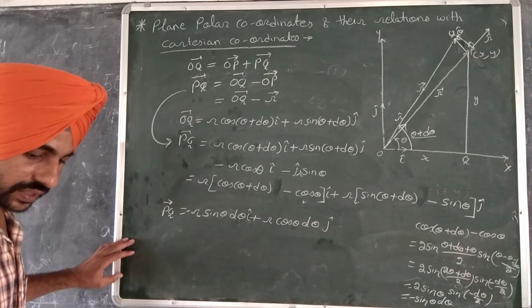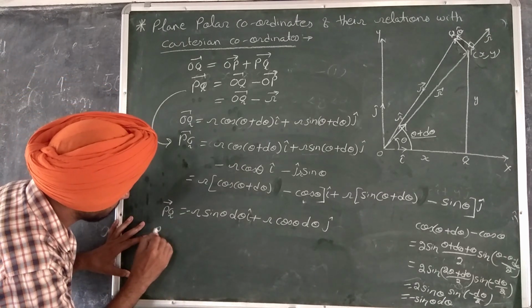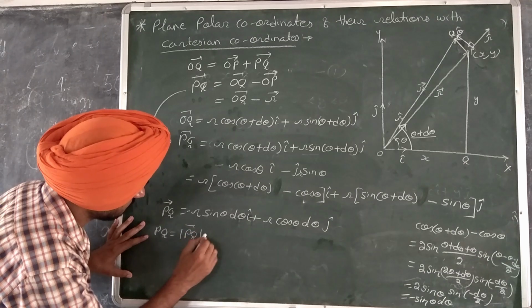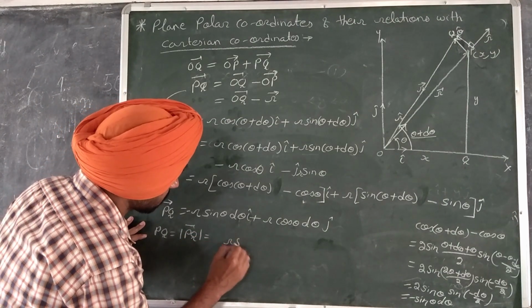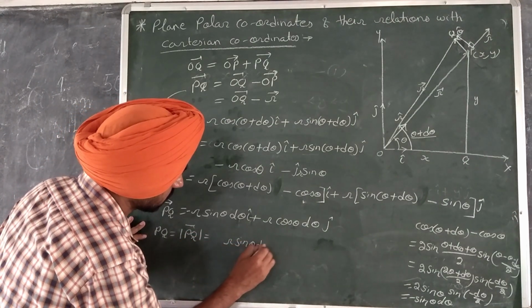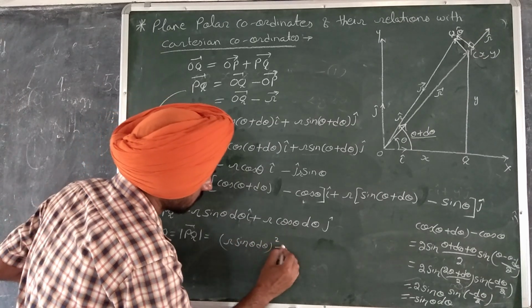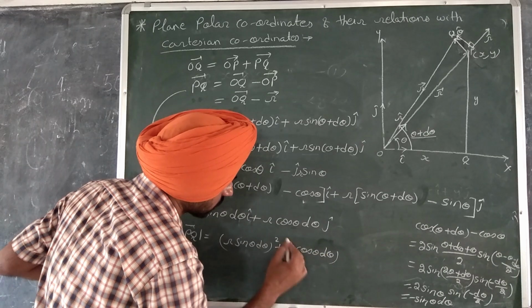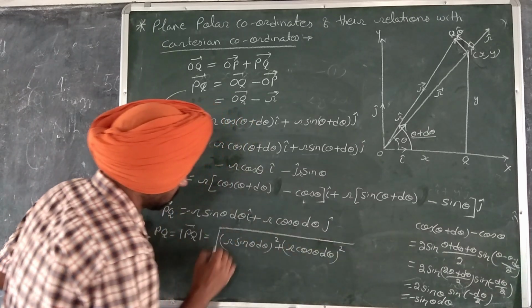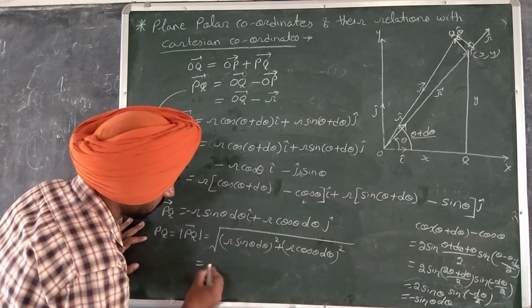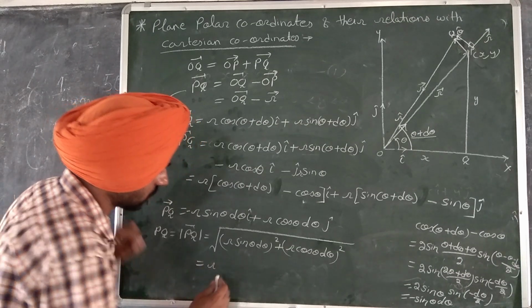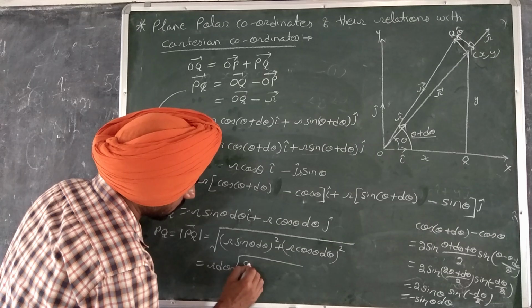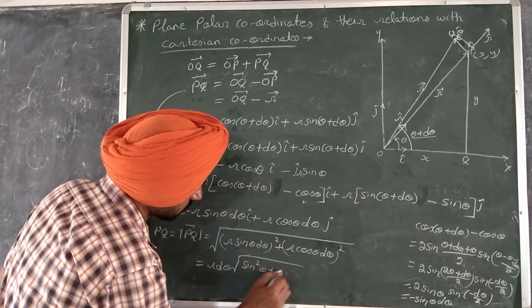Magnitude of vector PQ is the square root of (R sin theta d theta) whole square plus (R cos theta d theta) whole square. Also from here we can take R common and d theta common, so it will be sin square theta plus cos square theta.